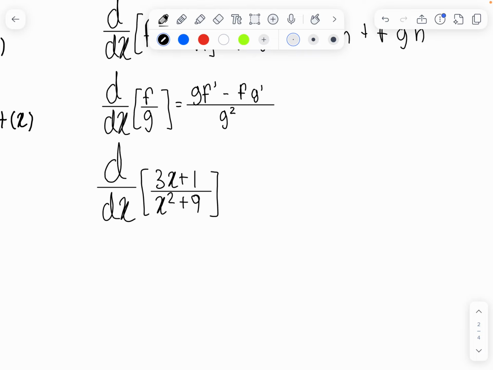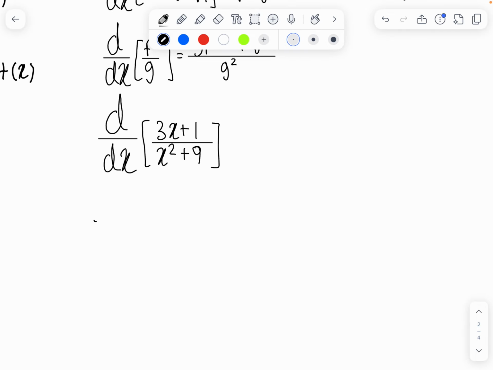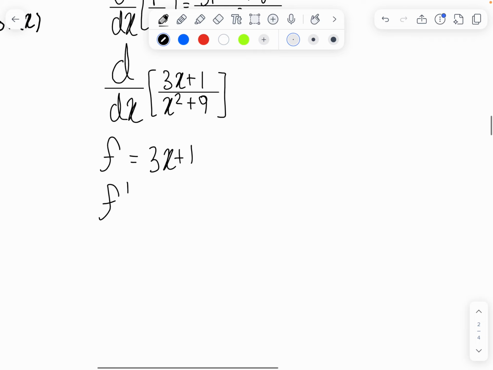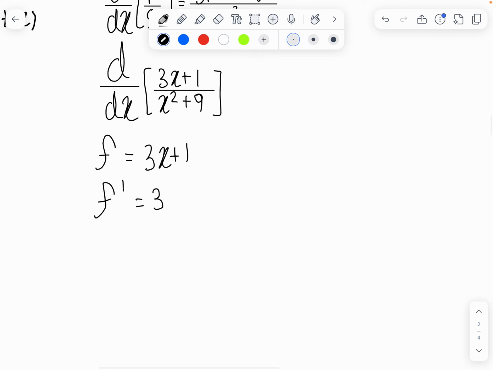Okay, take a minute, pause the video, and solve that question. Okay, now let's list out the f's and g's. F equals 3x plus 1. F prime equals 3.